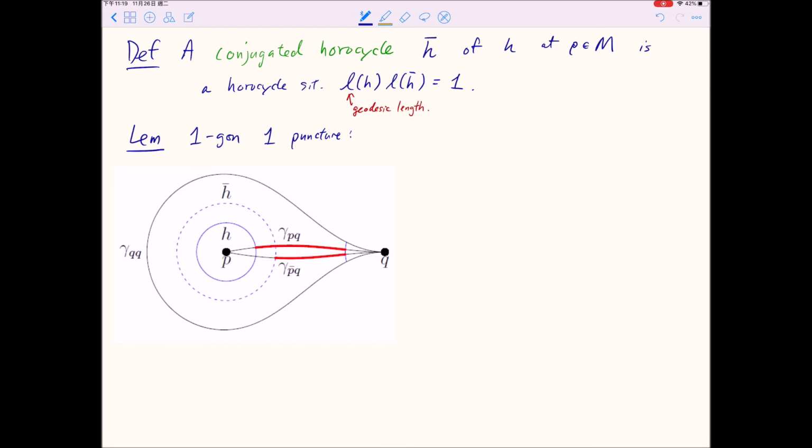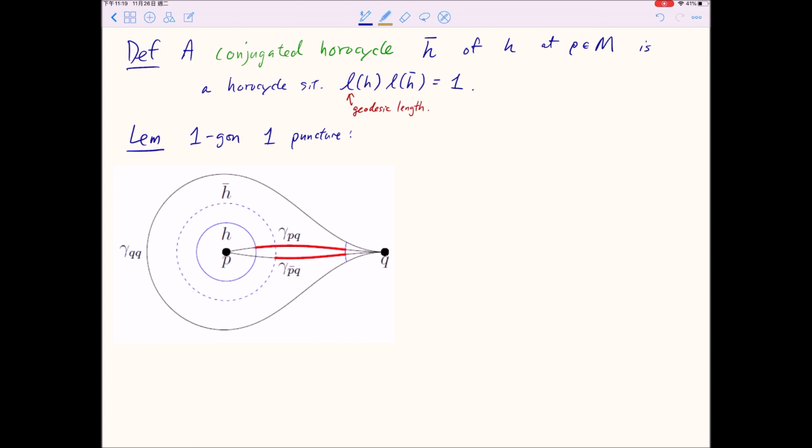In this case, I'm drawing the horocycle on a surface. In a surface, a horocycle is just a curve surrounding the puncture, so it has finite geodesic length.